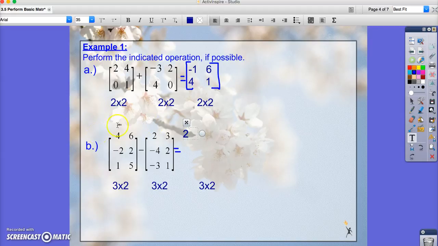I'm going to go across this way, and when subtracting it actually doesn't matter which order you're going. 6 minus 3 is 3. Negative 2 minus the negative 4, be careful: negative 2 plus 4, which is 2. 2 minus 2 is 0. 1 minus negative 3 is 4. 5 minus 1 is 4.